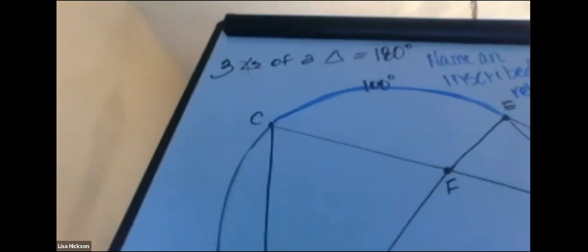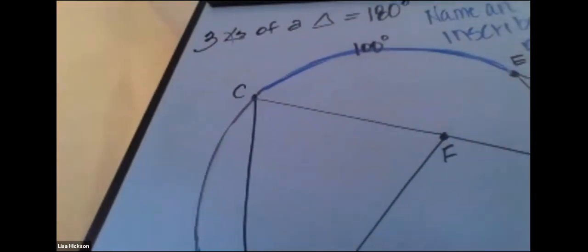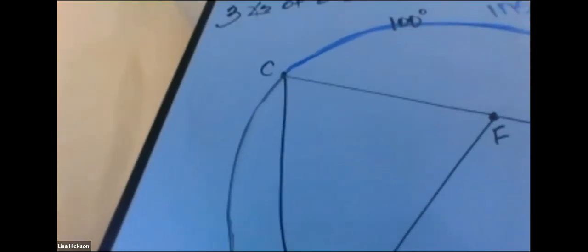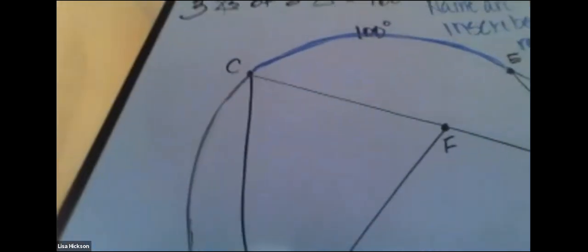So now on the other triangle, if again we take out the noise, we end up with an inscribed angle that starts at C, goes over to B, and ends at E. Because it is an inscribed angle related to this arc, regardless of what it looks like, it too is 50 degrees.